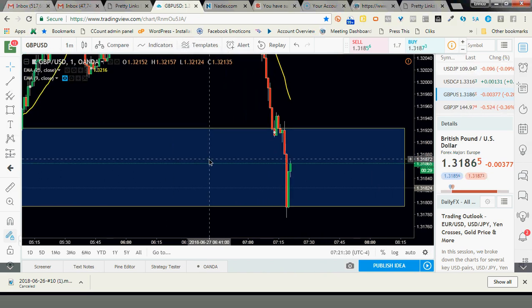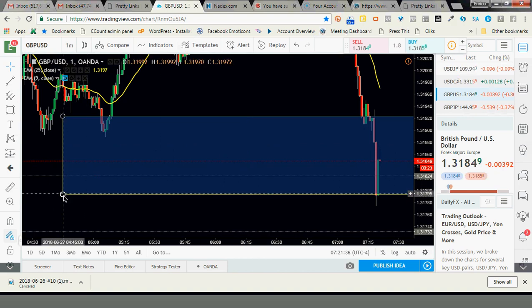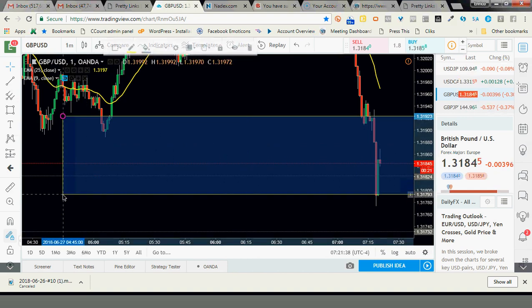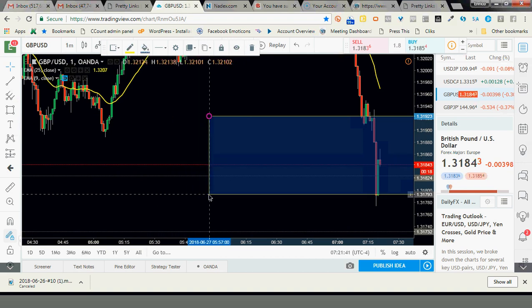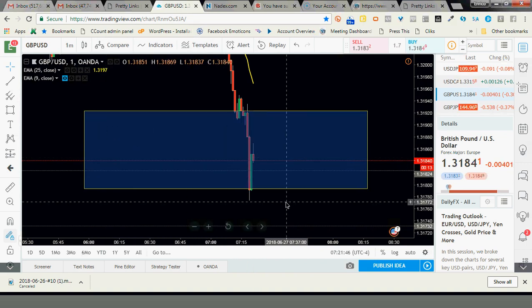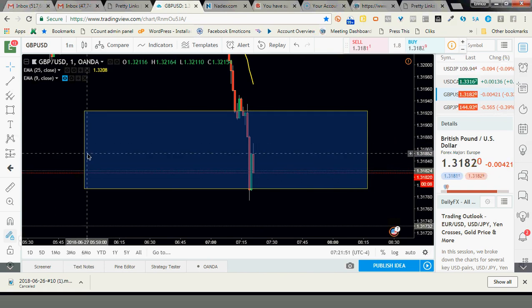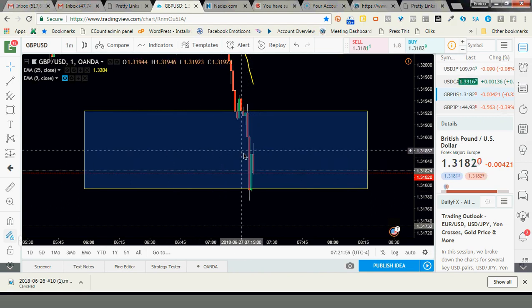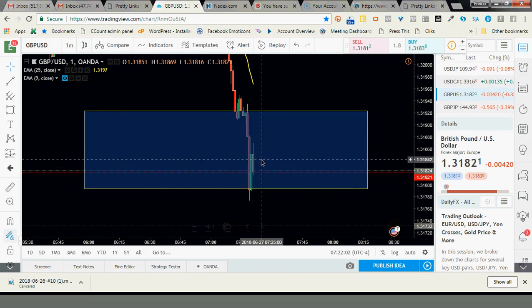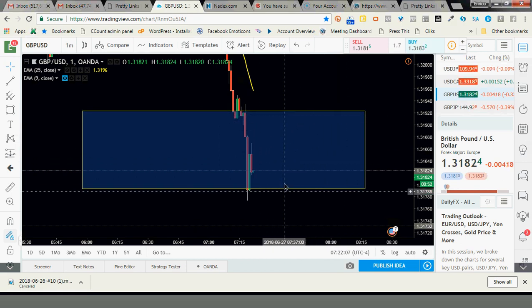Your lines don't have to be perfect or right where mine is, because you're going to learn as you go on where the lines should go and how the market moves within the box, right? I try to usually make the box intersect. You kind of see how this box is half is where the market is stopping, right? This half line will usually represent the strong bulls, the weaker bulls, the strong bears, and the weaker bears.